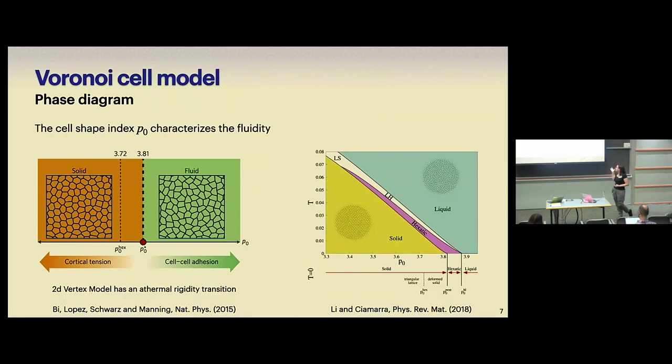But essentially, in this model, when you include temperature, you still have this solid phase and a fluid phase, and as you increase the temperature, the phase boundary, or the P0 at which you go between your disordered solid and your fluid, shifts to lower values. Okay, so as I've said, this is a model that has a disordered solid phase and a fluid phase. It looks very like a glass.